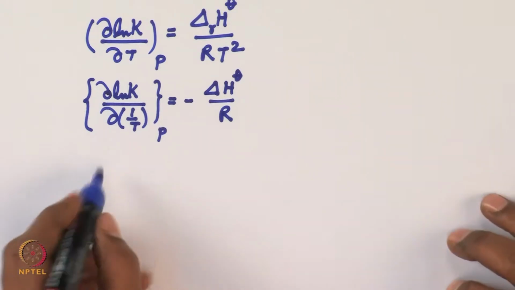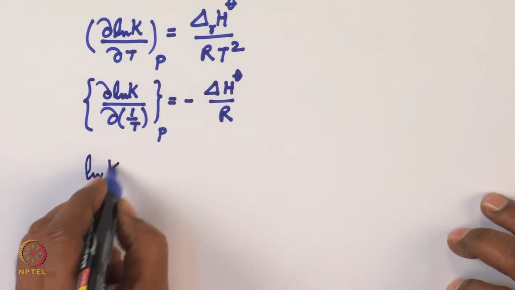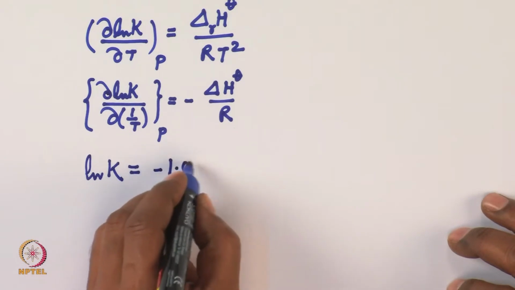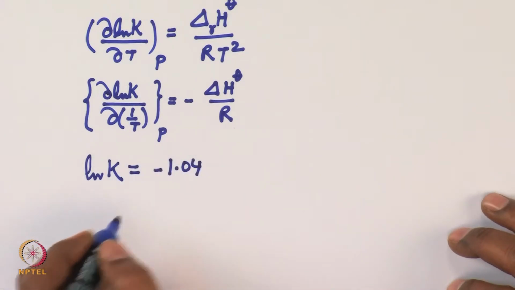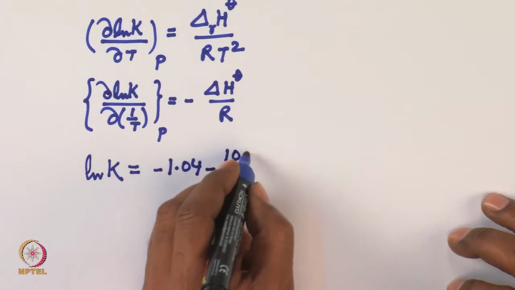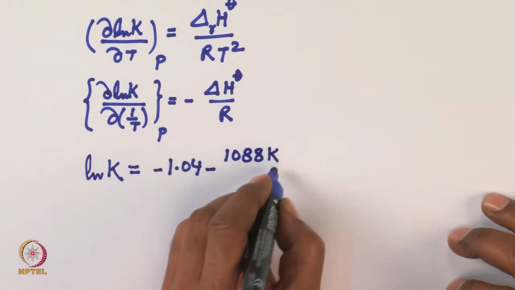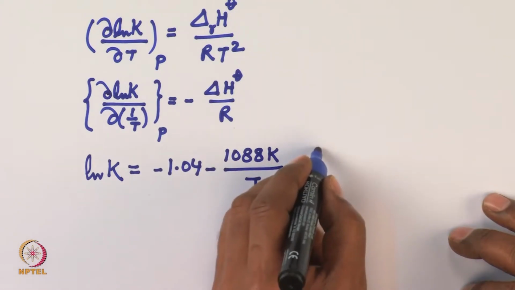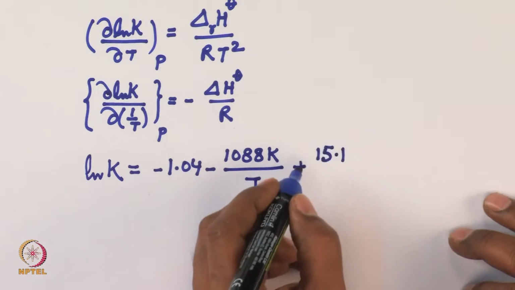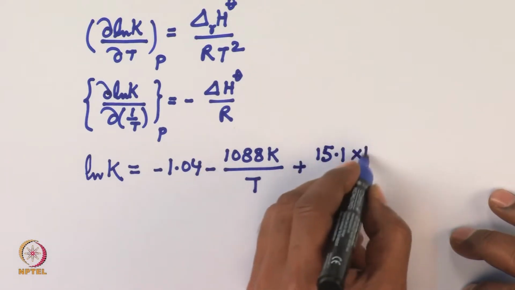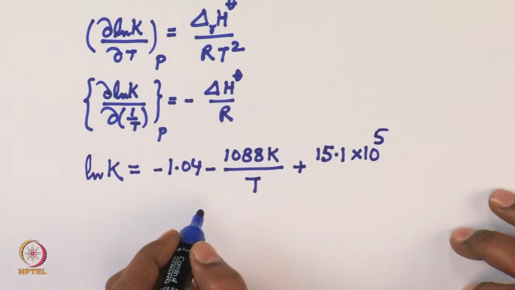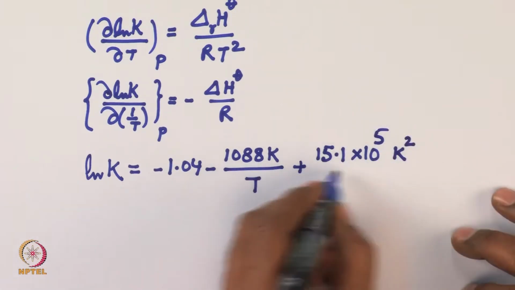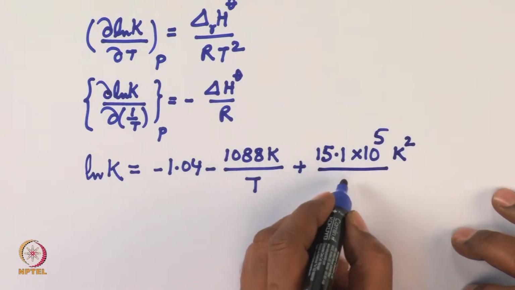Why I have transformed into derivative with respect to 1 by T is because the given information to me is log K is equal to minus 1.04 minus 1088 Kelvin divided by temperature plus 15.1 into 10 raised to the power 5 K square divided by T square. The Kelvin is introduced to get rid of the units.